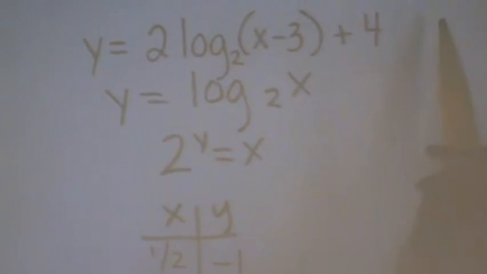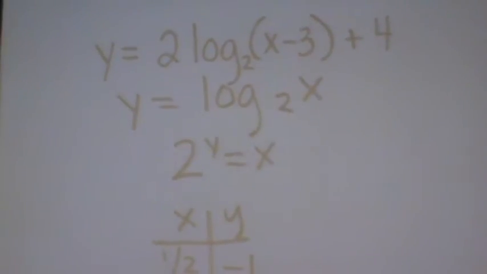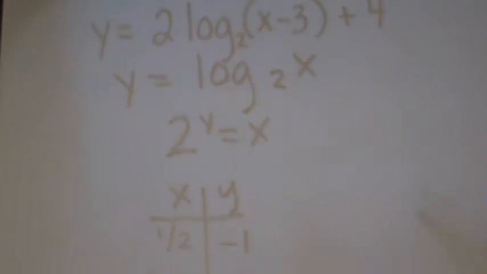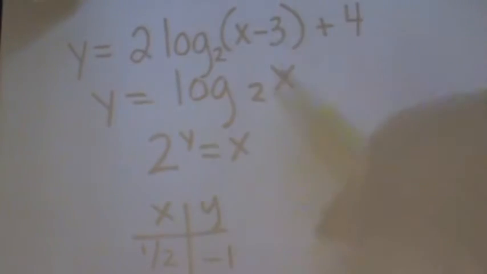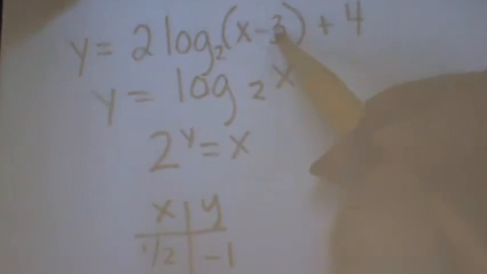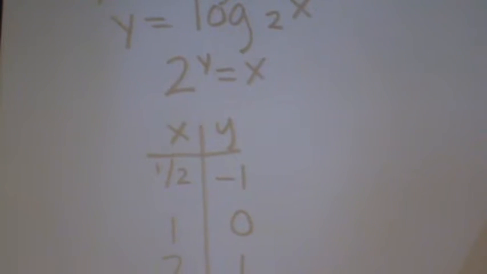So if I ask, this is the worst case scenario, how would you graph this one? You would take these x values, and you would add 3 to them. Then you would take your y values and multiply them by 2, and then you'd add 4 to those y values. You think you got this? Now, are they going to make you do all 3 operations for each problem?